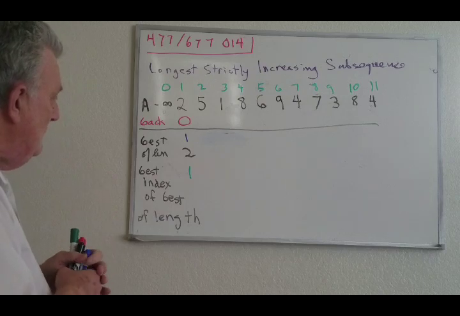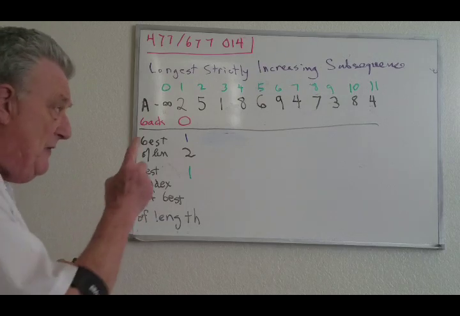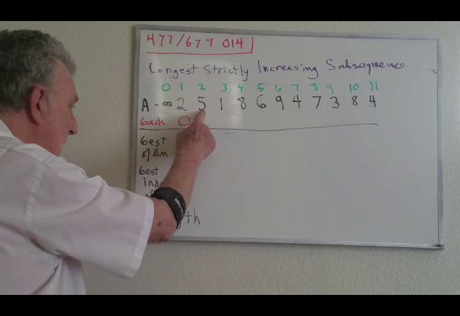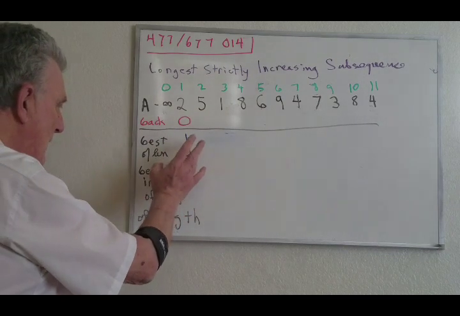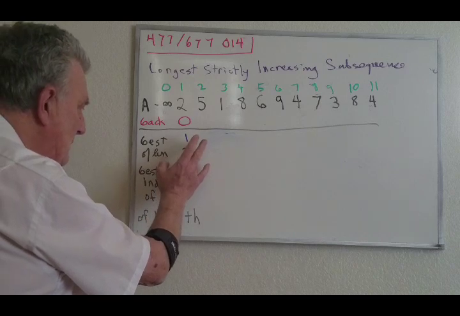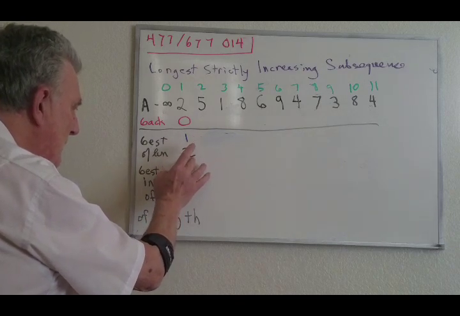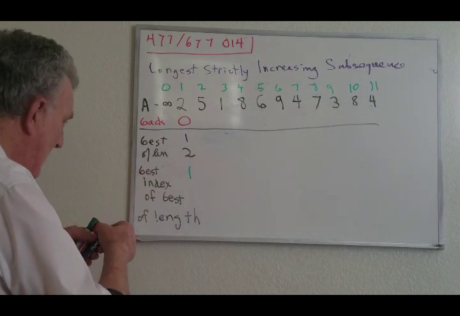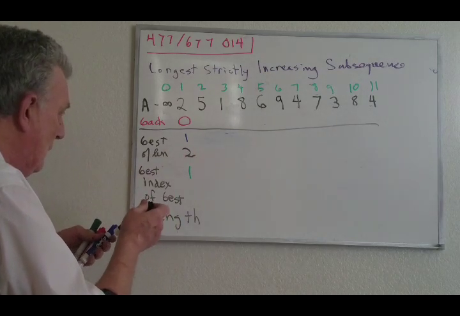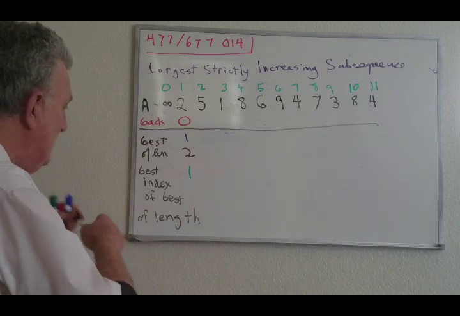All right, now, the next thing we do, we process the individual things one at a time. We take 5, and we ask ourselves the question, what's the first number that is less than 5 that I can see? And the answer is 2. 2 is less than 5.